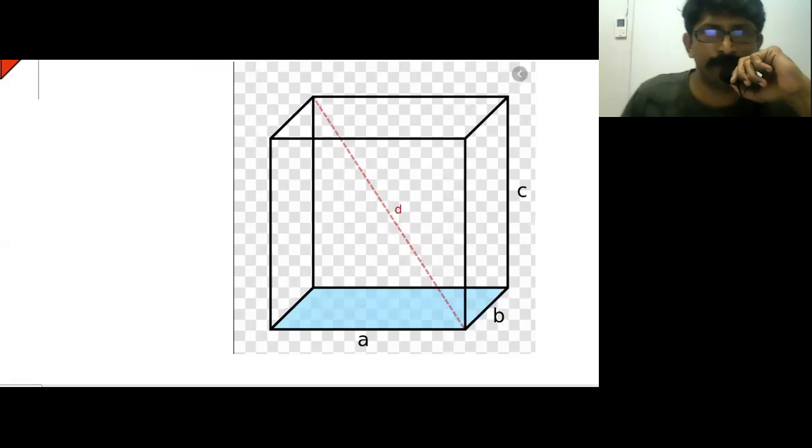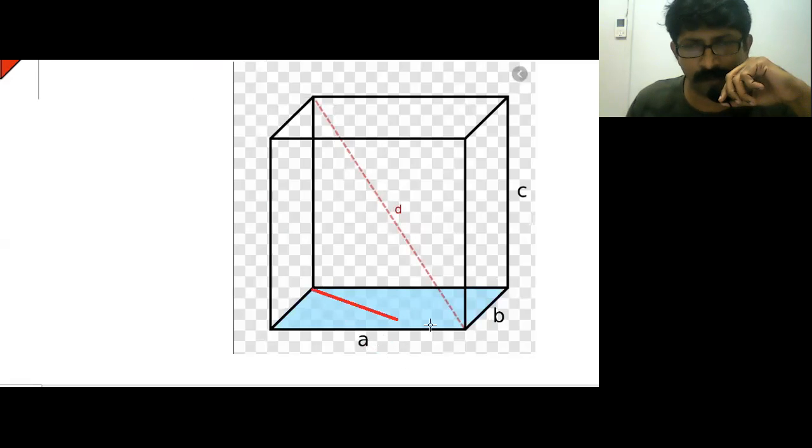Okay, students, if this is A and this is A, we are taking this as a right angle triangle. So this is also A, and this is a right angle over here.